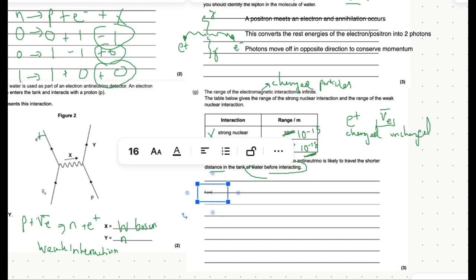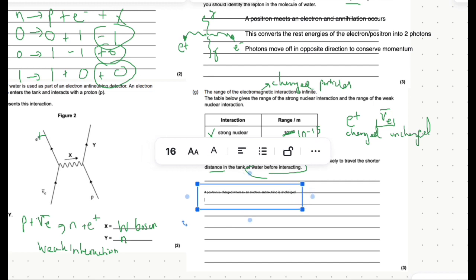The first mark is for realizing that a positron is charged, whereas an antineutrino, well, let's say electron antineutrino, is uncharged. The second mark is for mentioning that charged particles experience the electromagnetic force.